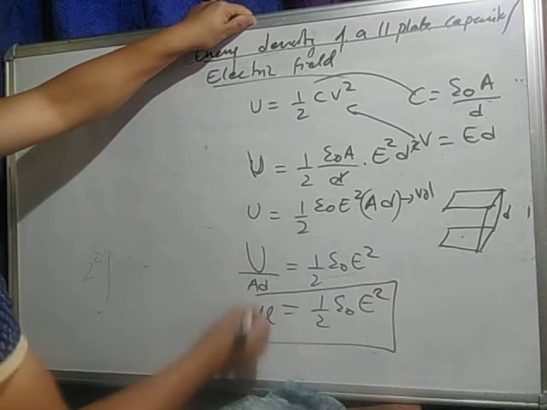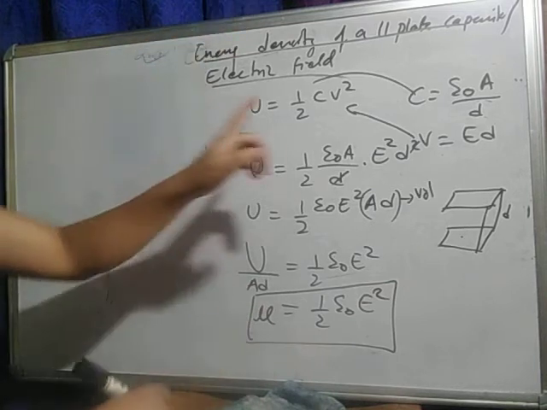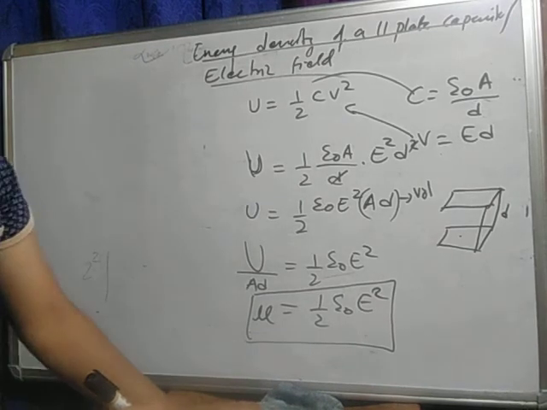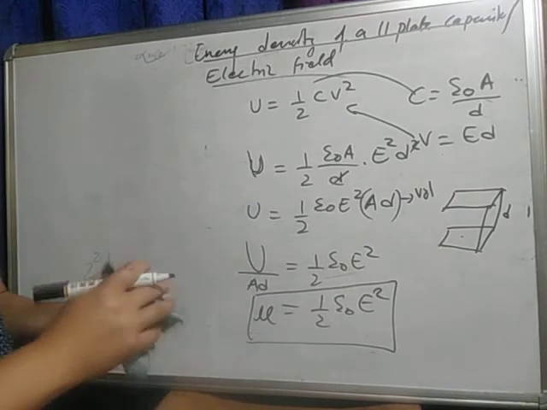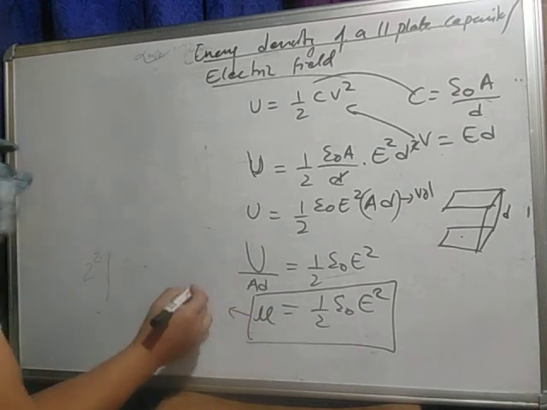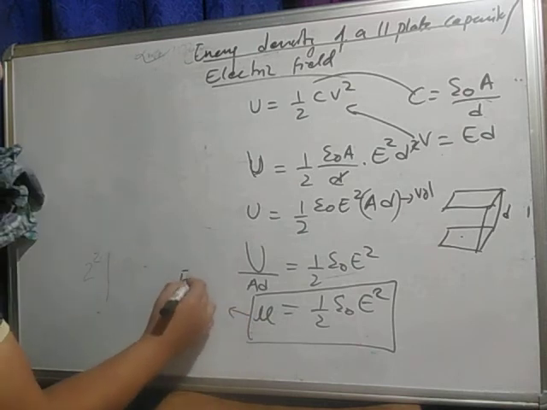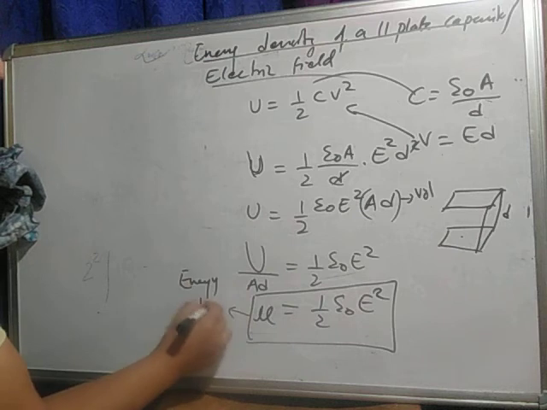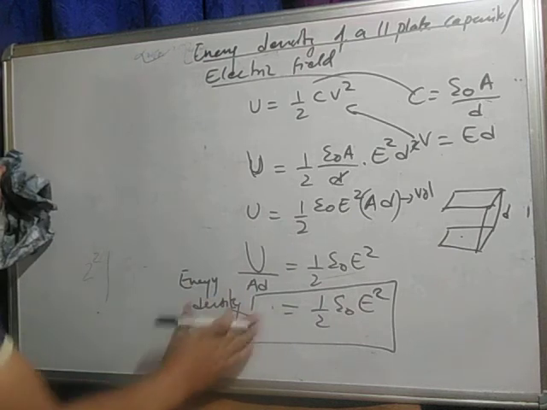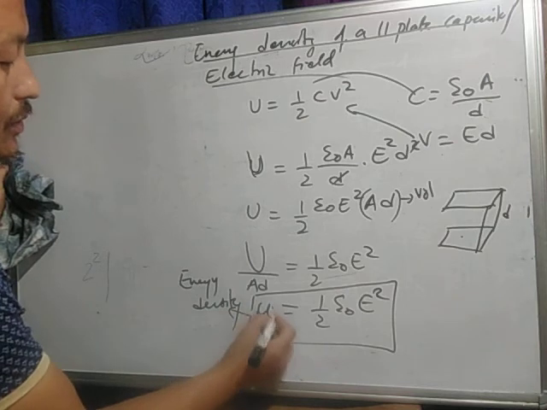This is the energy density of a parallel plate capacitor, or you can say of an electric field. This is how we denote it, small letter U. Okay, you can write like this also.